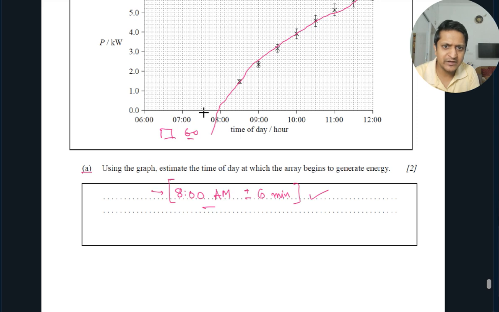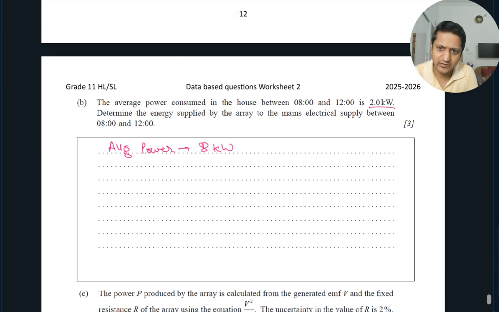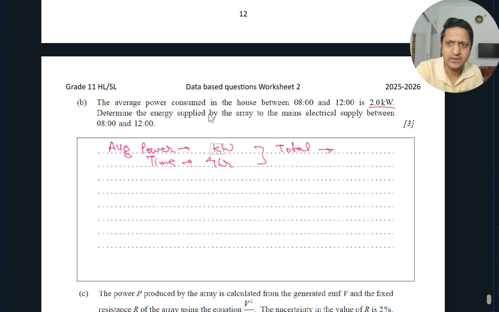From 8 to 12, it is 4 hours: 1, 2, 3, 4. So for 4 hours we got this average. The average power was 2, so this is a total of 8 kilowatts.